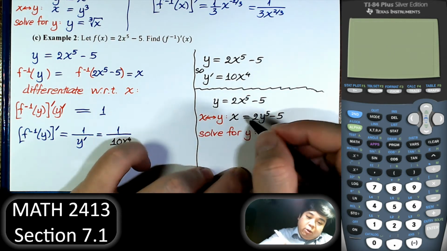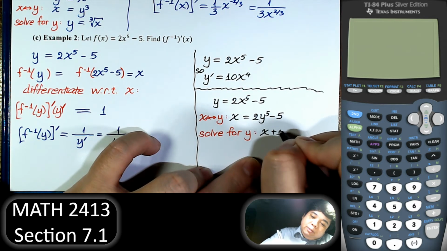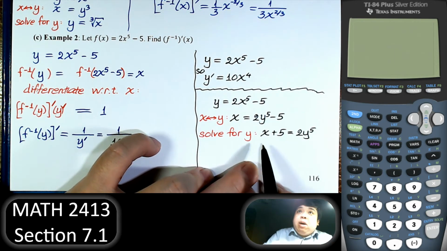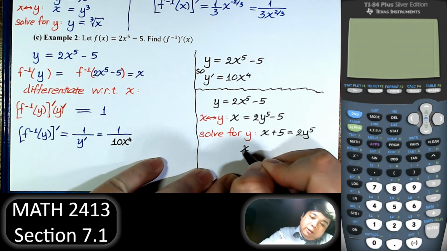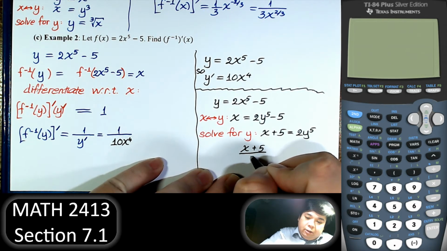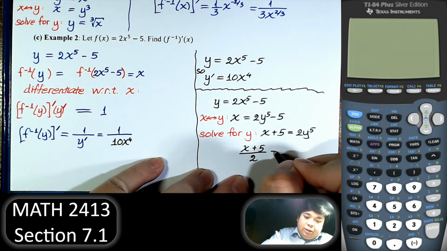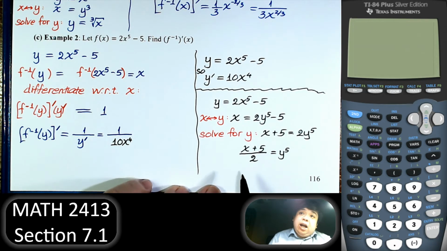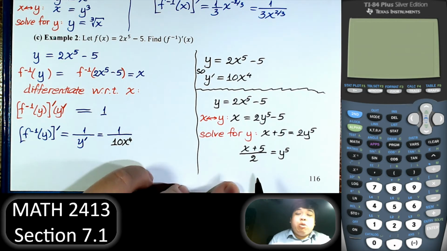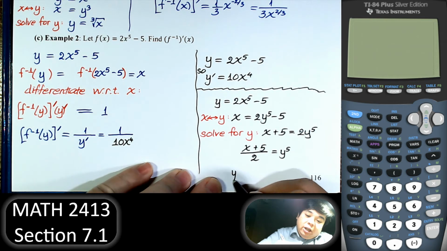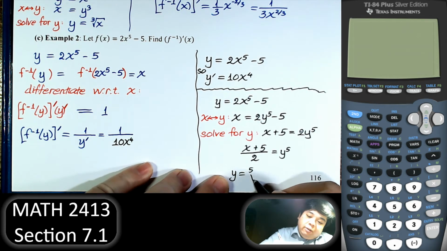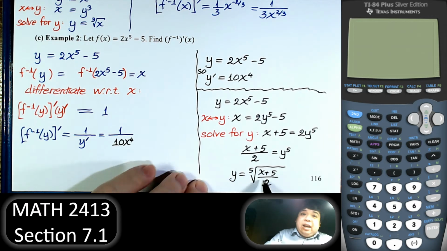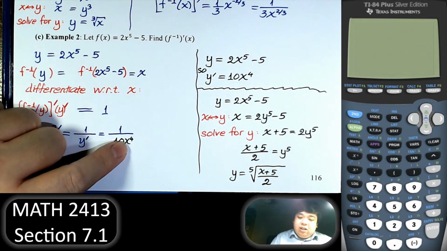I will add 5 on both sides, and then divide by 2. And then since this is the 5th root, an odd root, when we take the root on both sides, there's no plus or minus. So we have y equal to the 5th root of (x plus 5) divided by 2. And I can substitute that back in here for x.